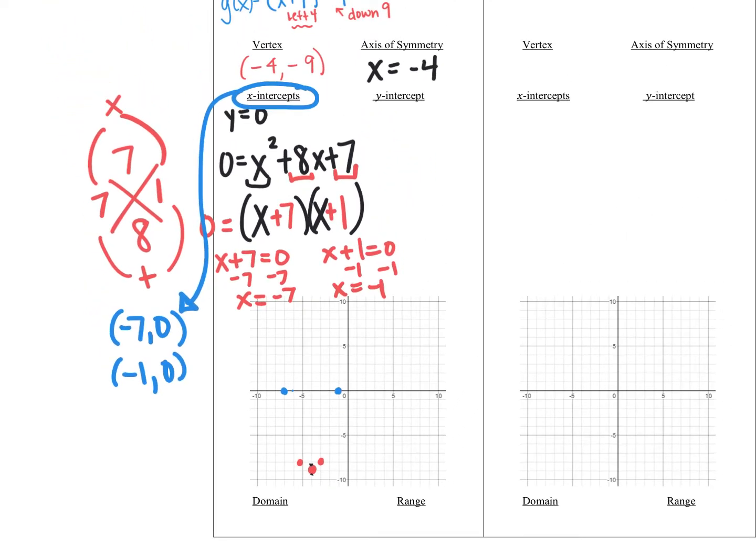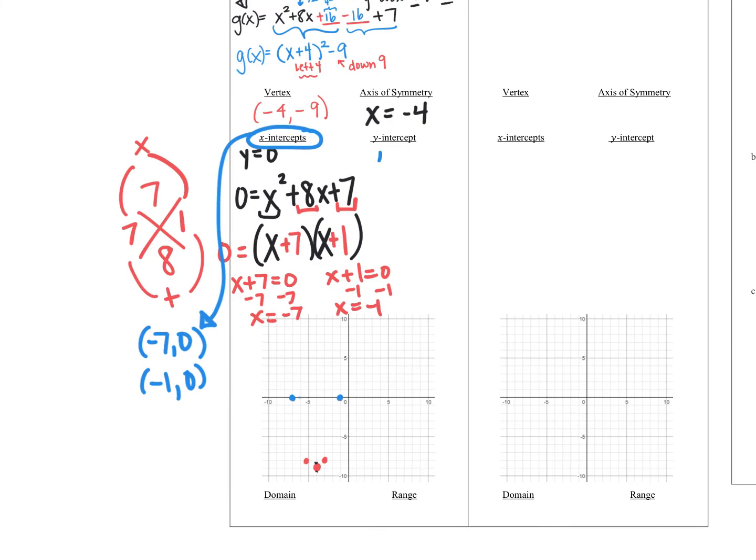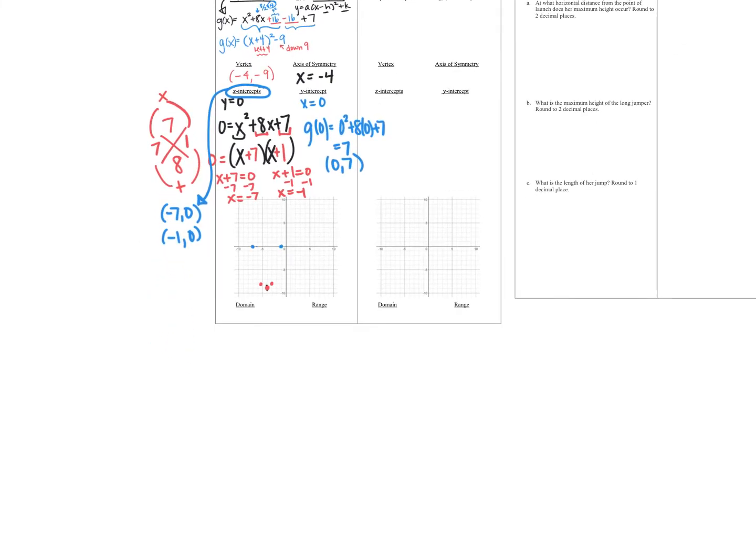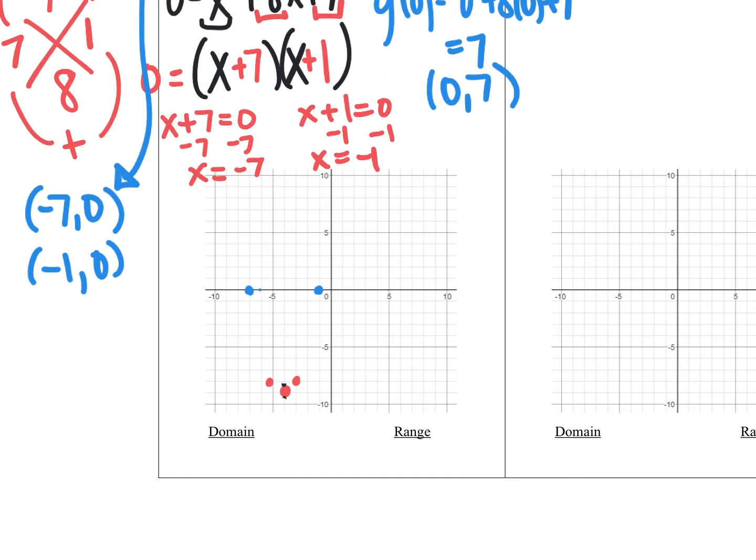All right, one last thing to find, that's the y-intercept, and that we're going to let x equal 0. So really, if you evaluate that function, g of 0 is equal to 0 squared plus 8 times 0 plus 7. So we're going to get 7. So 0, 7 is the point. And again, all of this should make sense as you're putting it on the graph. So if you got like 0, negative 10, you know you did something wrong because there's no way that our graph would go through that point.